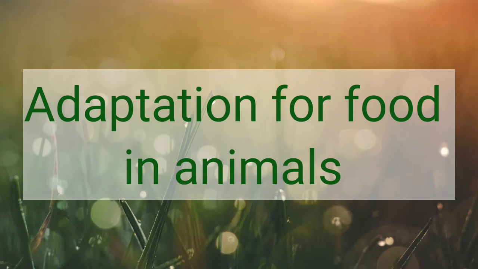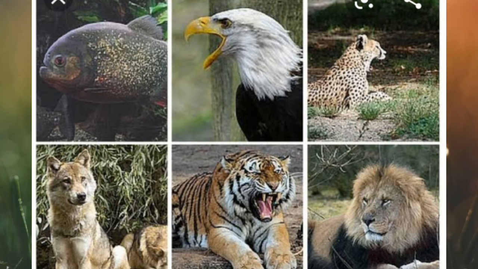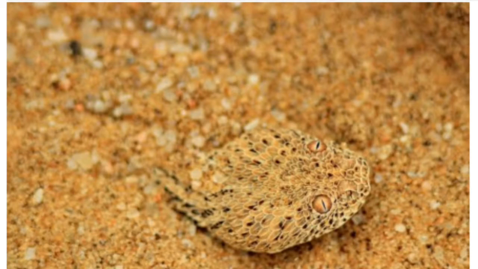Adaptation for food in animals. We can categorize animals as herbivorous and carnivorous. Special adaptations are seen in each category to make the process of feeding easy.